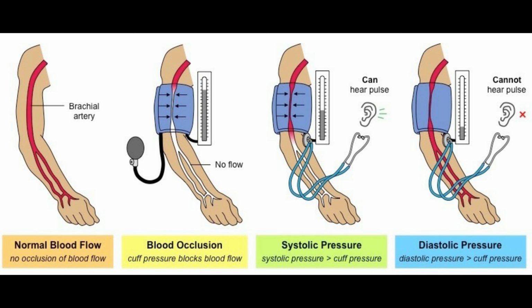The bladder is covered externally by a cloth material with velcro so that it can be covered and tightened. This cuff should accurately transmit pressure down to the tissue surrounding the artery.